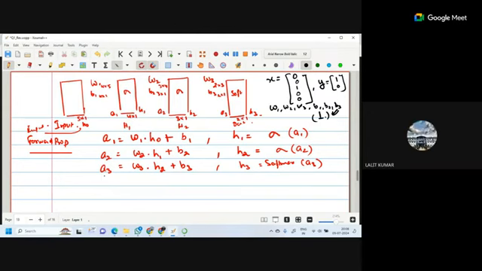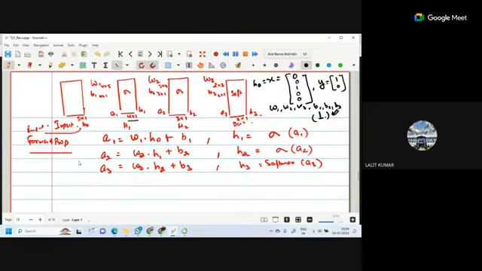Can somebody give me quickly the values? What will be the H0 value? H0 is nothing but the input. A1 will be of size 4 into 1.